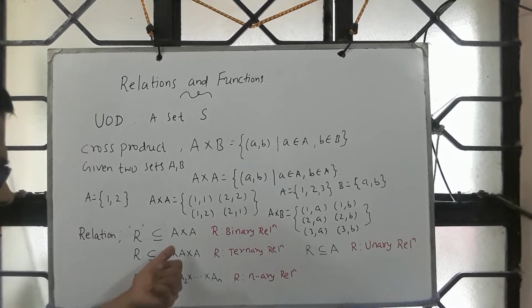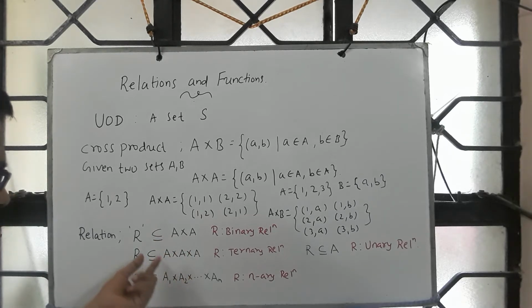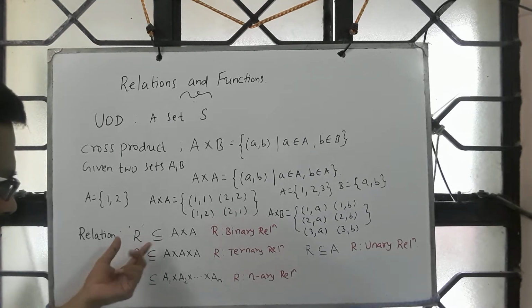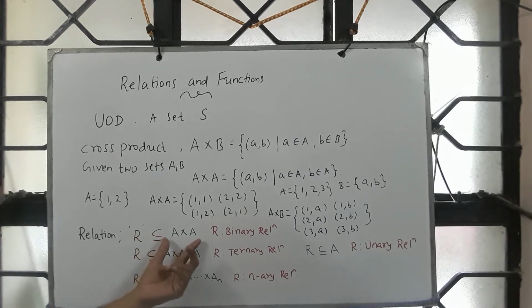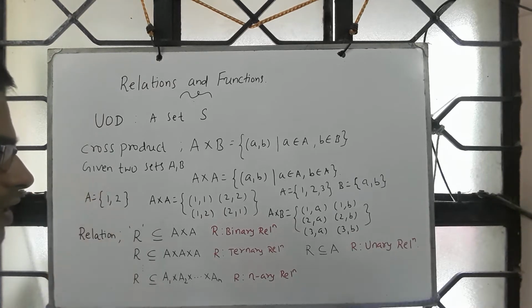If you look at these cross products, each of them is a set, so subset makes sense. Now what is a relation? Relation is also a set, but it is a subset of A cross A. And that's all.